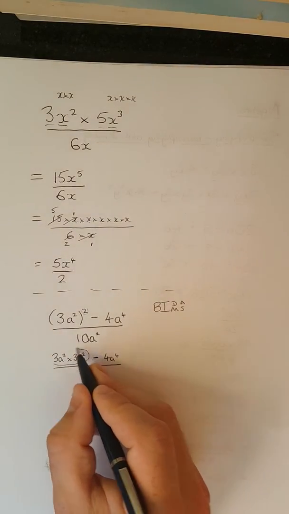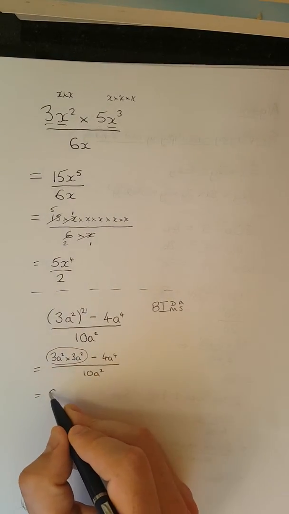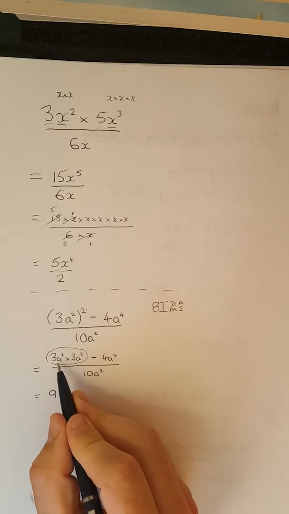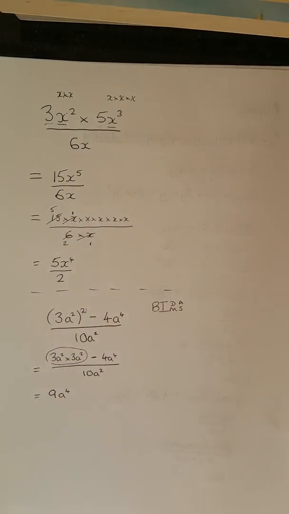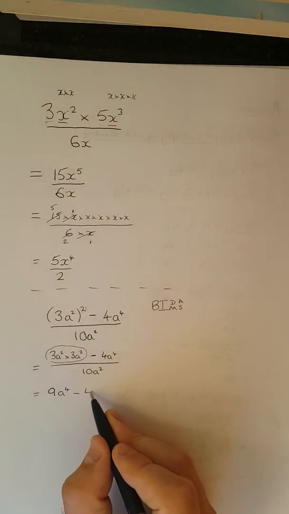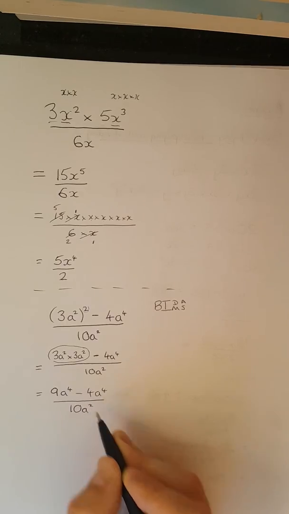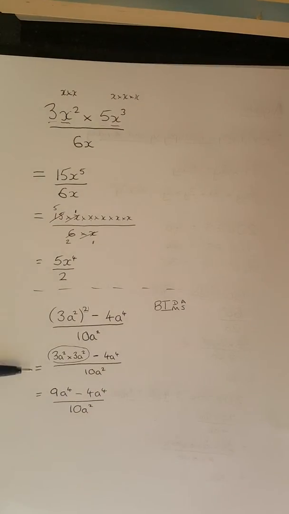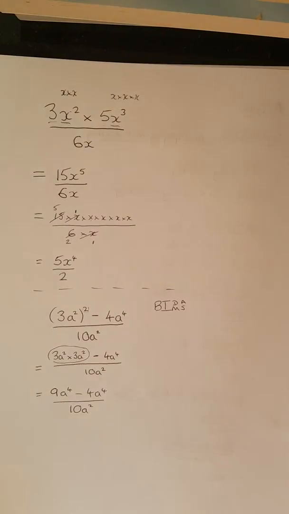So, here we go first. 3 times 3 is 9. A squared times a squared is a to the 4. Take away 4a to the 4 over 10a squared. It's really important that you line your equal signs up. It's really important that you carry everything else you don't change down.